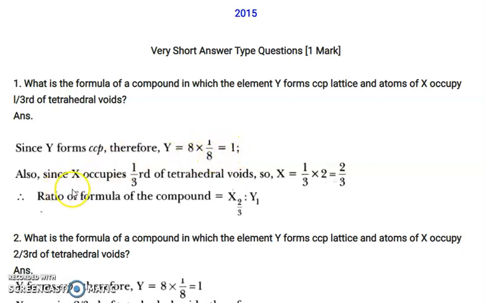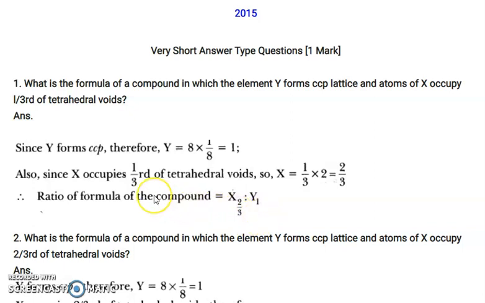Also, since X occupies 1/3 of the tetrahedral voids, X is equal to 1/3 into 2, which is equal to 2/3. So the ratio in the formula of the compound is X 2/3 Y1.